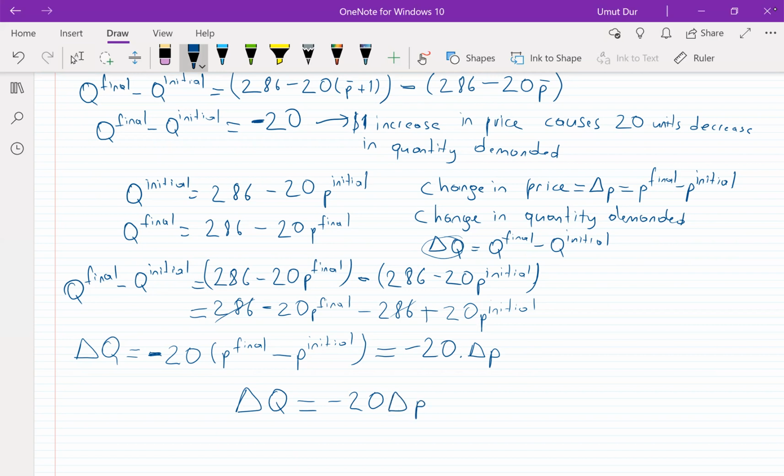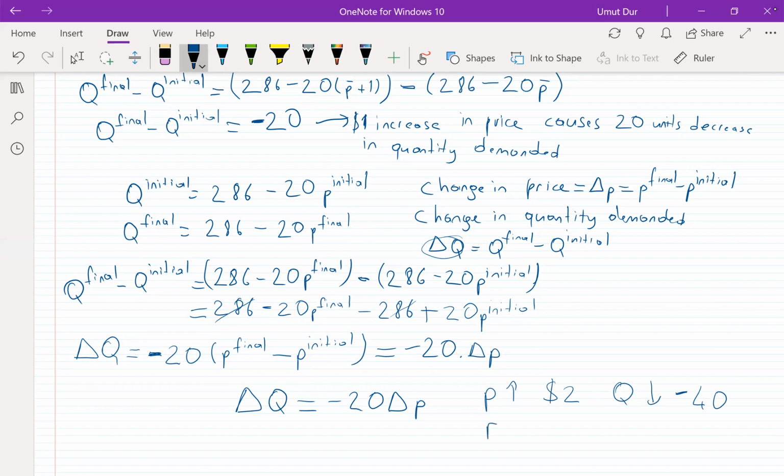For example, if price increases by $2, then the quantity will decrease by $40, so 40 units.